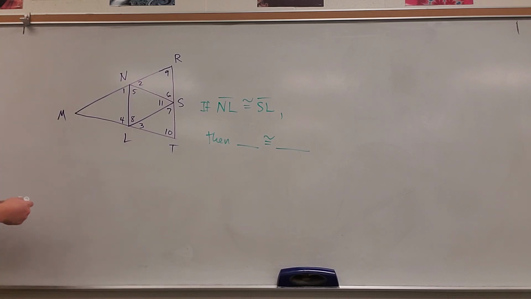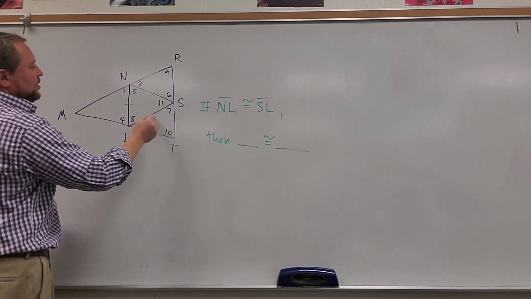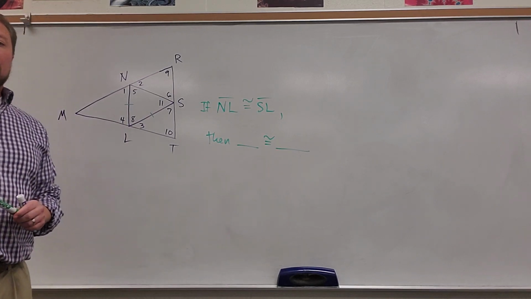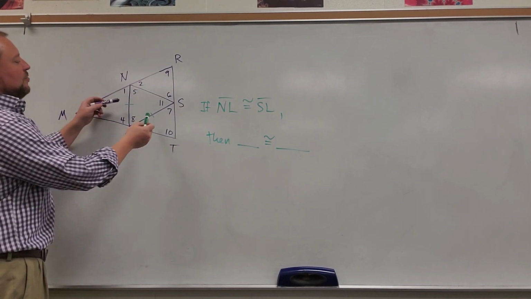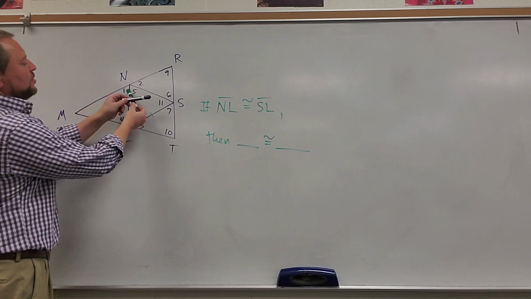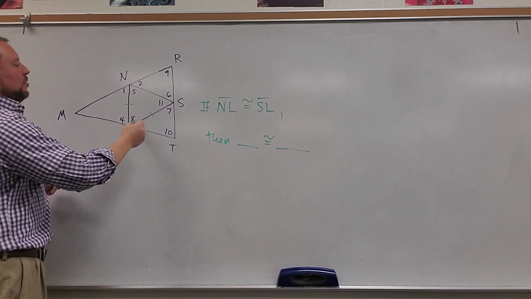Okay, so if we mark our sides that we're talking about here, NL was this side, SL is this side there. And remember, theorem 4.6, the first theorem I showed you, said that if these two sides match, so will the opposite angles. So I want you, first of all, only focusing on this smaller triangle in the middle.